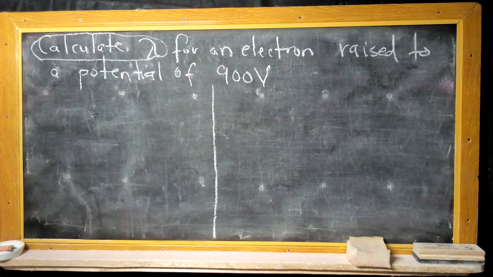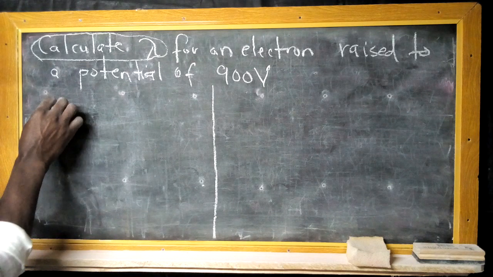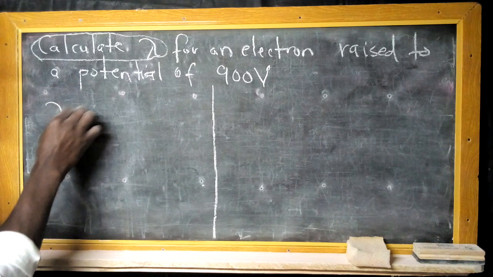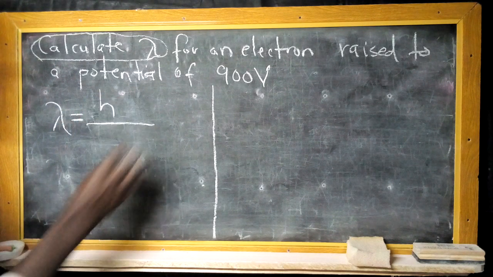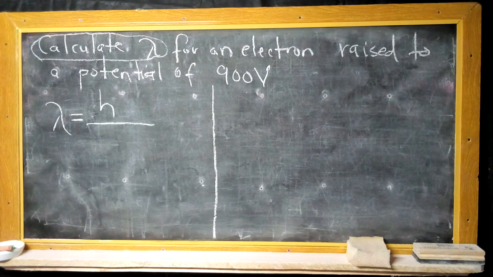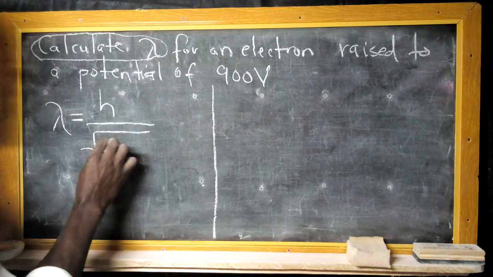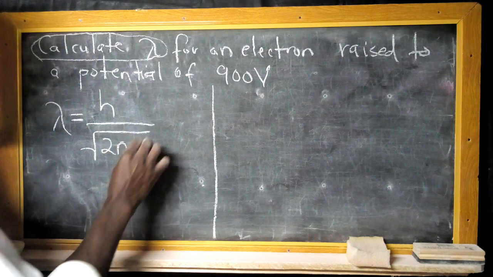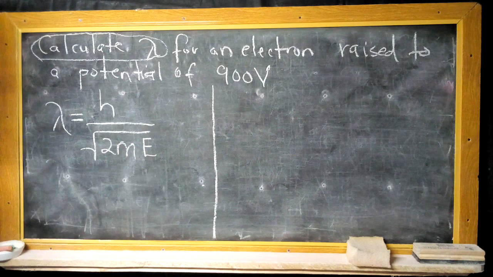From what we have discussed before, for an electron in that potential difference, the wavelength associated with its energy is given as lambda equals h over the root of 2mE, where E represents its energy.